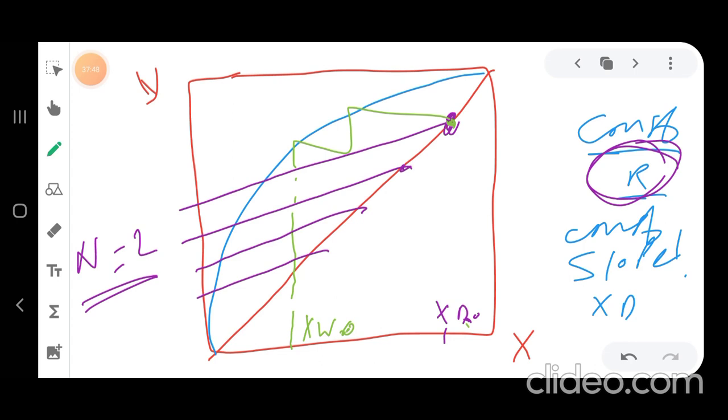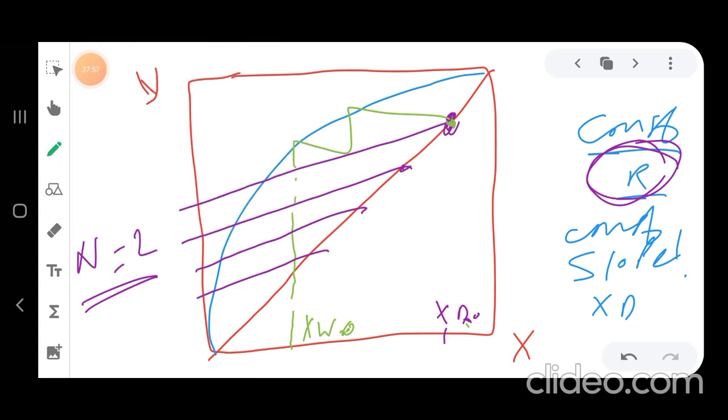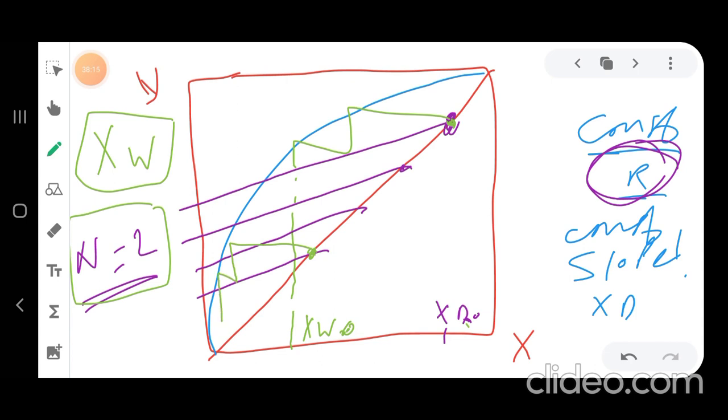We stop at the point that if you draw this number of stages, you will end up with xw, the final composition of the more volatile component in the still pot. So it is like you will stop here where you draw these two stages, then the value here will be xw.